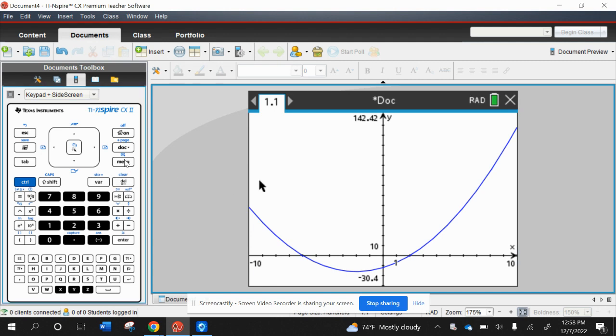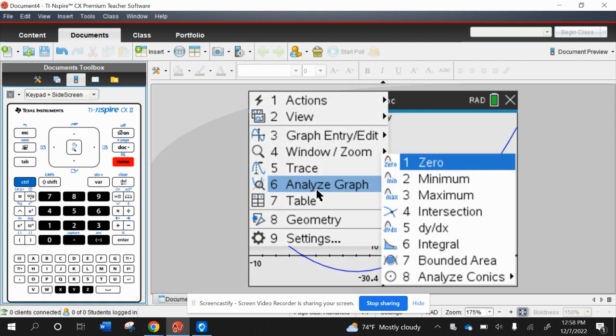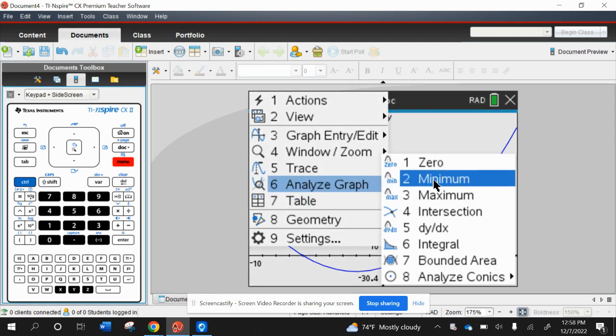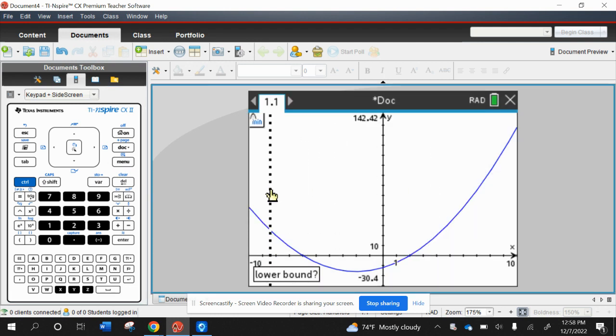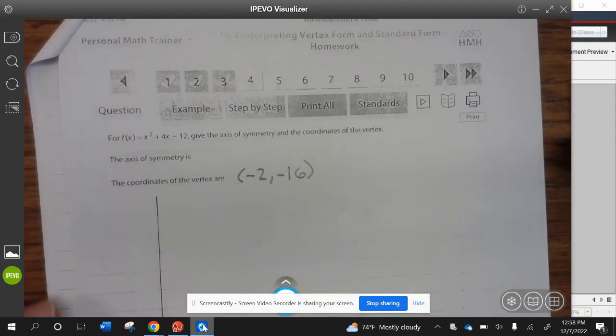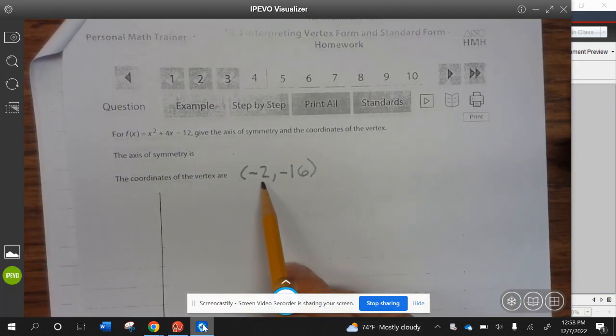To find the vertex, we go to Menu, Analyze Graph, Minimum. We move the cursor all the way over, click, drag across. It's a little hard to see the point, so I'm going to grab the point and move it over. So our vertex is (-2, -16). And the axis of symmetry is the x value of the vertex.